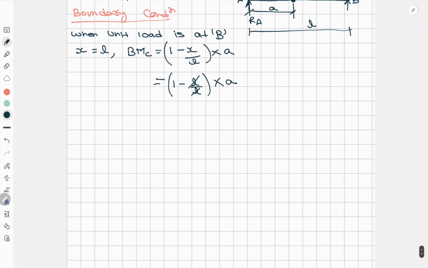So this and this will get cancelled. 1 minus 1 is 0. 0 into A will be 0, right?